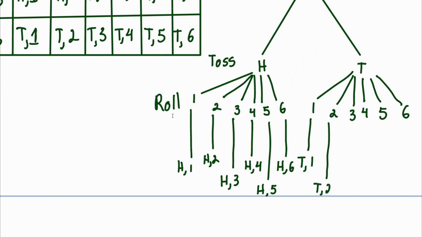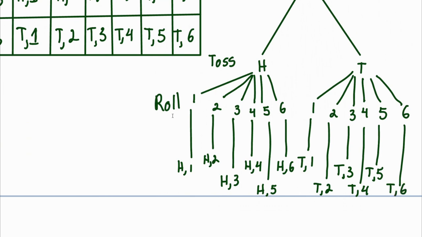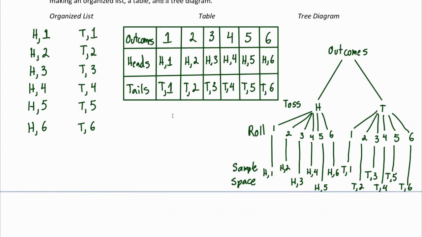Tails and 2. Tails and 3. Tails and 4. Tails and 5. And tails and 6. So again, this is representing that sample space. But from all of these, we're getting the exact same thing. So this is just different ways to represent the same thing: a list, a table, or a tree diagram.